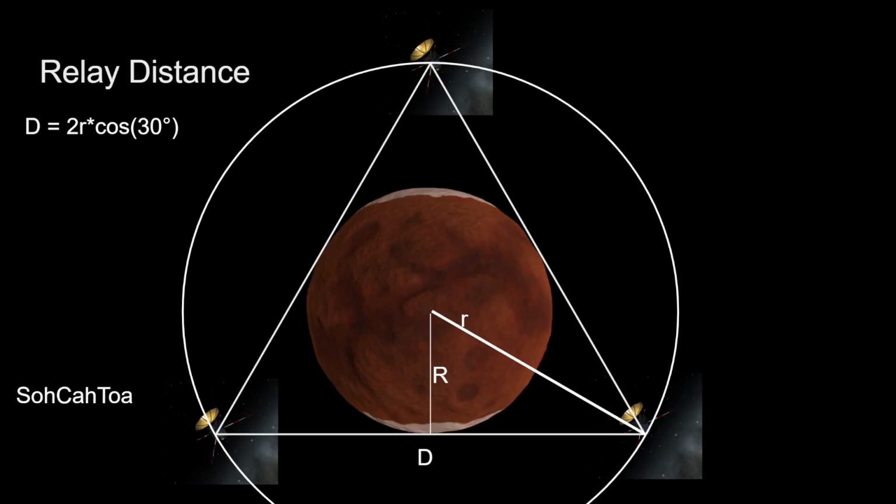We used sine last time, so we'll be using cosine this time. So, cosine of 30 times the radius will give us our adjacent value, which will be half of d. So in order to find the distance between the 2 relays, we just multiply that by 2, so 2r times the cos of 30. Cos of 30, as we mentioned before, 30 is one of those important, easy angles. Cos of 30 is going to be square root of 3 divided by 2, so the 2's cancel out, and we're just left with the orbital radius times the square root of 3.